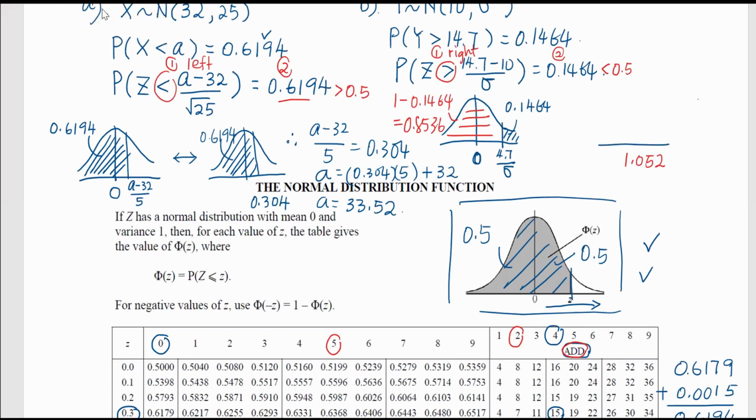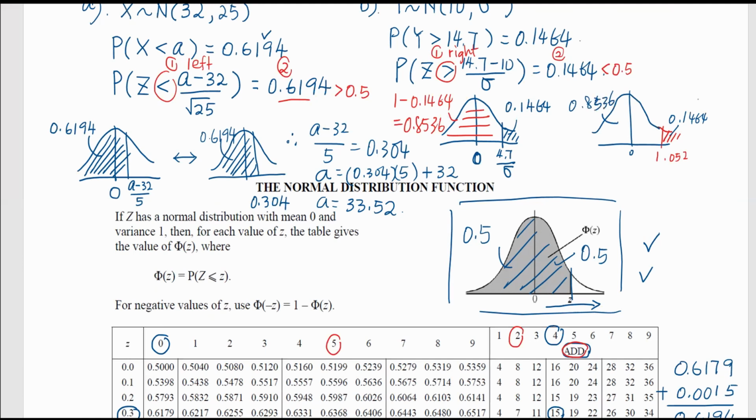Okay. So again, sketch the same bell-shaped curve to illustrate that when the z-score is 1.052, put it further away from 0 here. So this smaller region here gives you a probability of 0.1464. At the same time, the big area here is 0.8536.